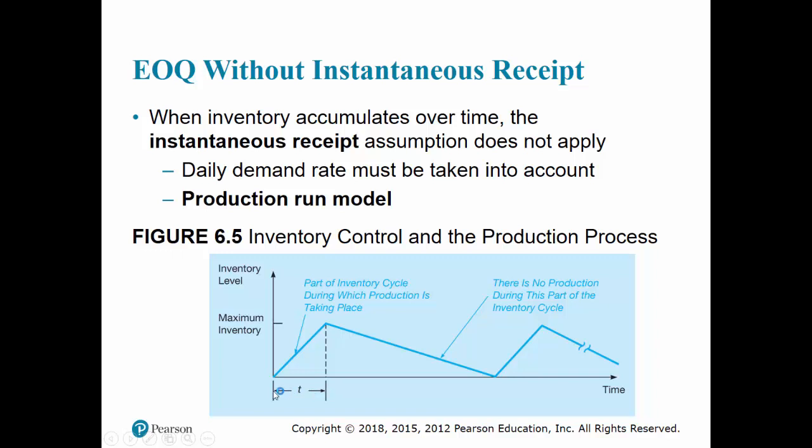Once the order quantity is completed, there is no increase anymore in inventory, and then the inventory will start declining at the rate of demand. The demand being constant, it's going to go down gradually to zero.